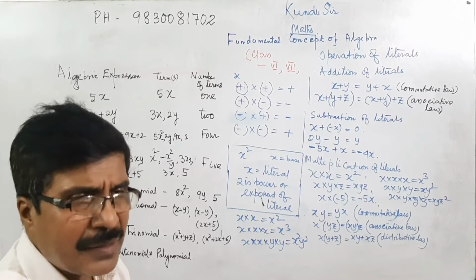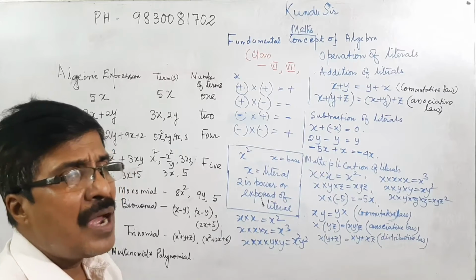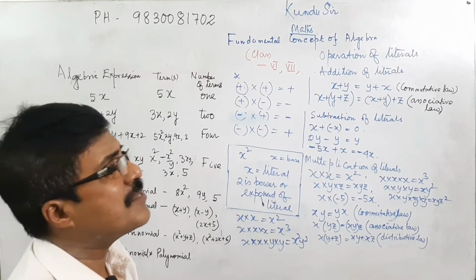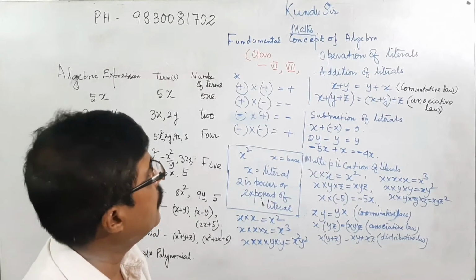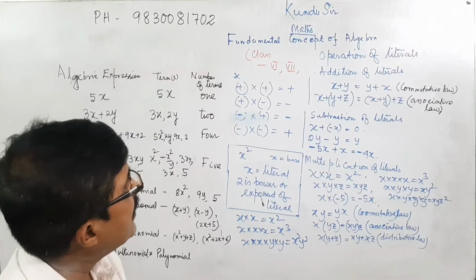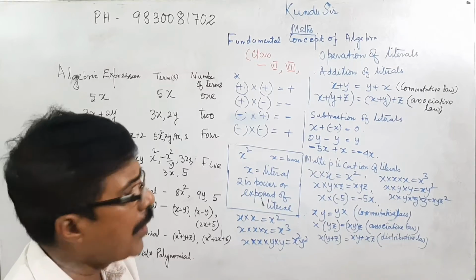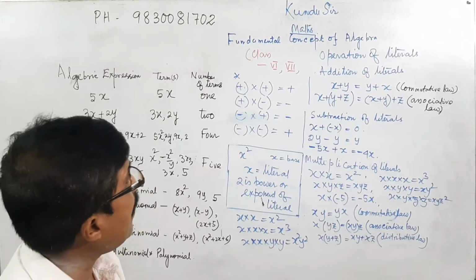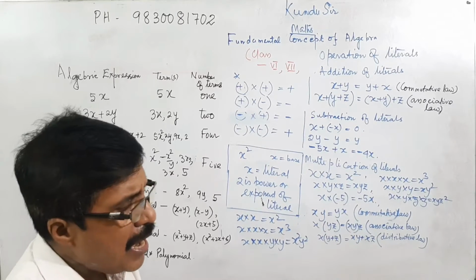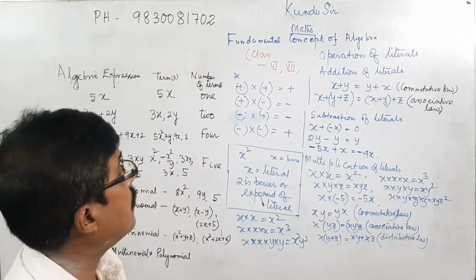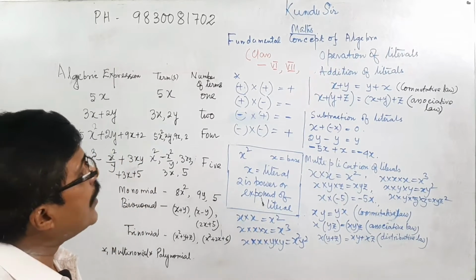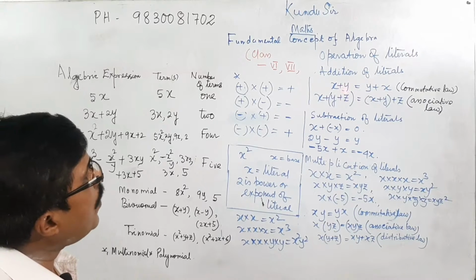One is a numerical term: 1, 2, 3, 4, 100, 115, etc. Also in mathematics, we use the terms A, B, C, D, X, Y in capital letters or small letters, sometimes in multiplication form, sometimes in addition, subtraction and division forms also. First, we are taking the literals X, Y and Z.